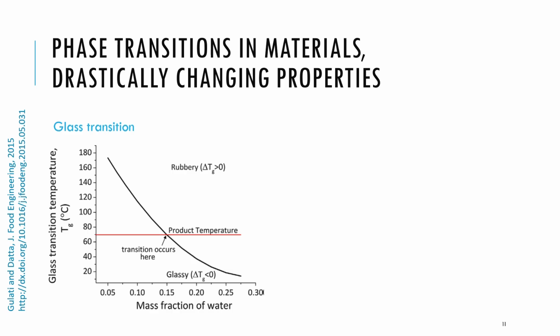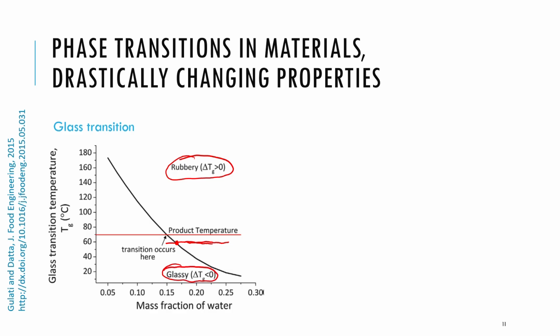So if you take a food material and as it's being dried, so let's say it's moving in this direction and losing moisture, then at some point it changes state from rubbery on the right hand side to glassy on the left hand side.